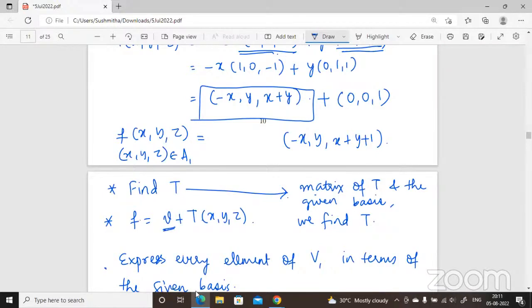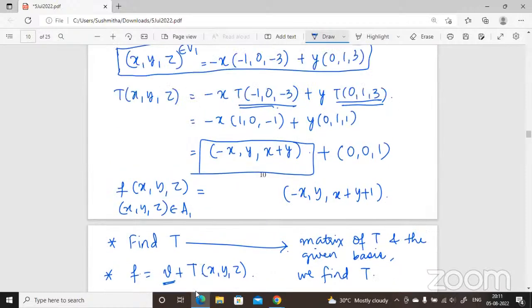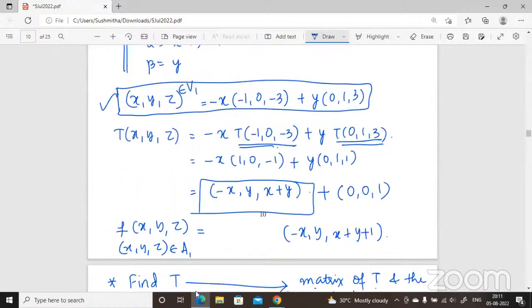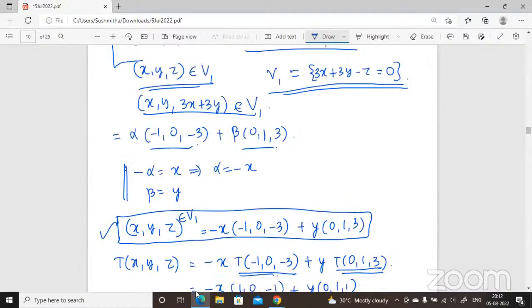This linear transformation part is not yet clear for me. Is this clear? No. Is this clear, that this is how a point in V1 looks? Yes. And this is the given basis. Yes. So any point in V1 can be written as a linear combination of vectors of the basis, right?